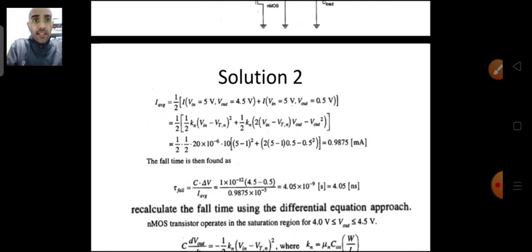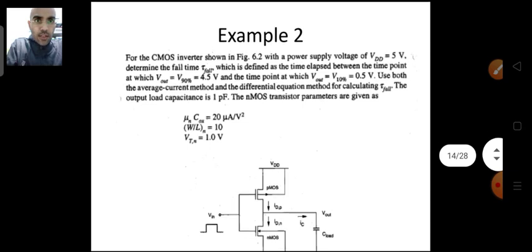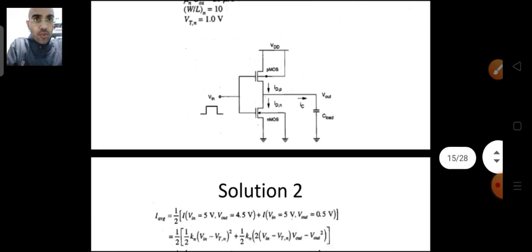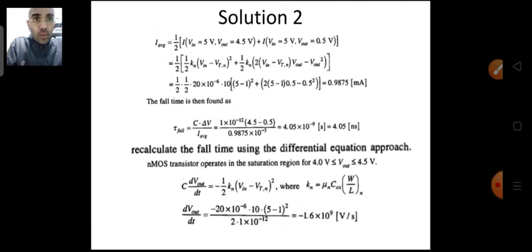Here, the threshold voltage is 1 volt. So 5 minus 1 is 4 volt. From 4 volt onwards, the transistor will start working in the linear region, but up to 4 volt, the device will work in the saturation region.